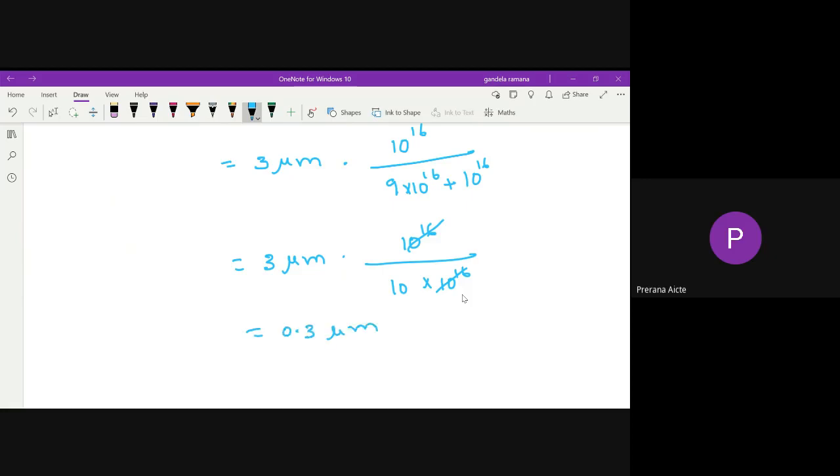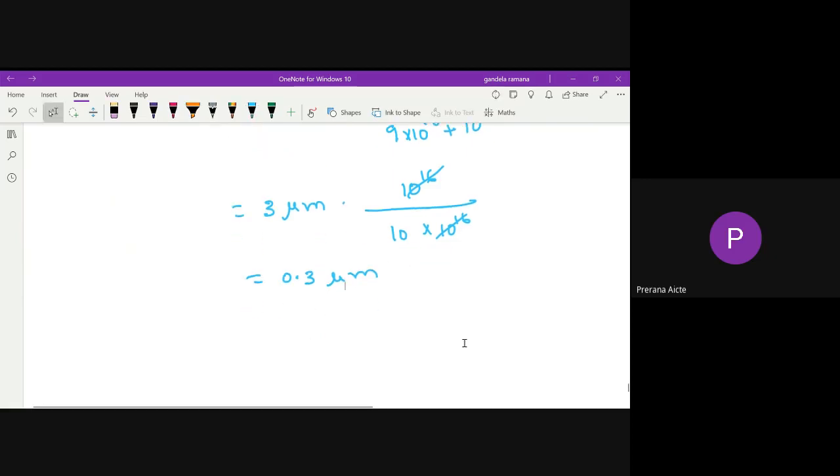So the P side width is 0.3 micrometers. Now what is the width of the N side? Did you guess it? Yes, it is 2.7, because our total width is 3 micrometers, so 3 minus 0.3 is 2.7.